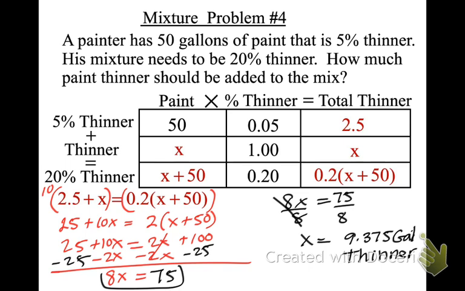Okay, they're going to mention skim milk. Do you know what skim milk is? It's non-fat milk. That means what percentage is the fat in skim milk? 0. If it's non-fat, it's 0. Butter is 100% fat. Okay? That would be pure fat.